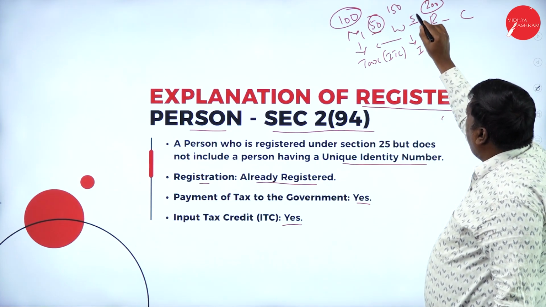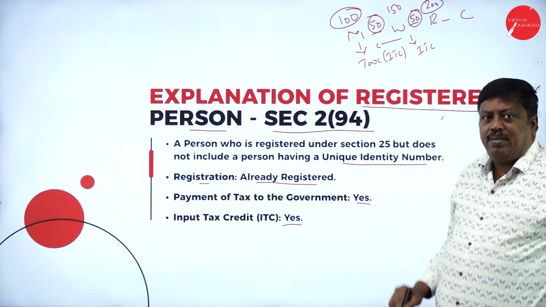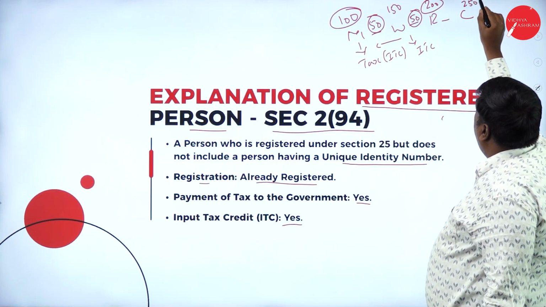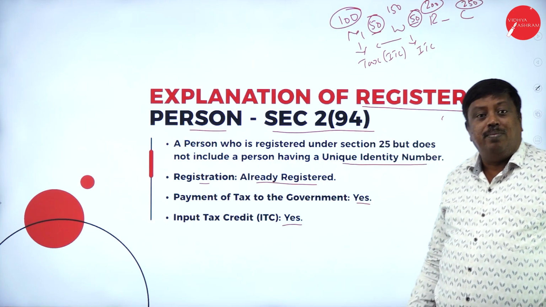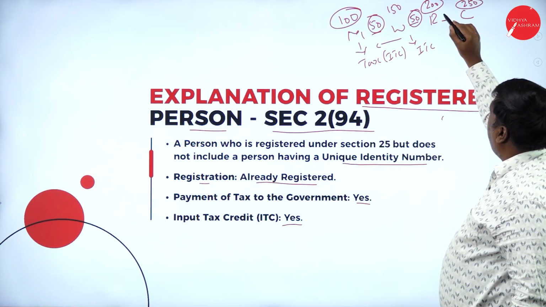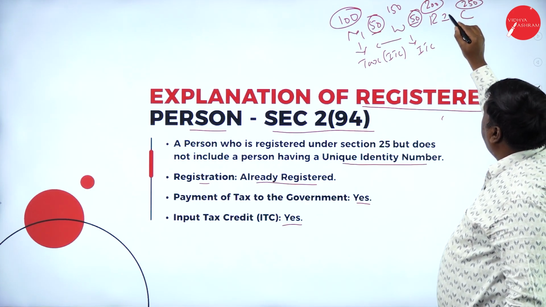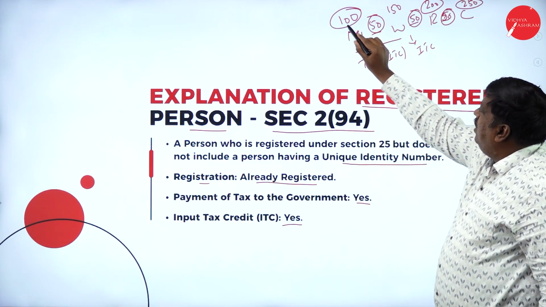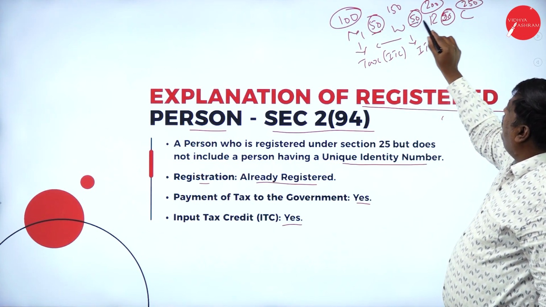So he is going to pay 50 rupees to the government, and the retailer is going to collect 250 from the consumer, the person who is going to consume the goods, and he is going to retain 200 rupees and pay tax of 50. So totally 100 plus 50 plus 50 plus 50.